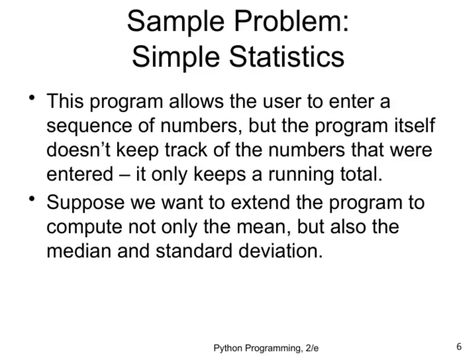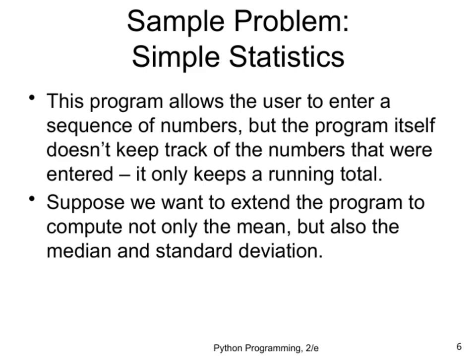Now, this program allows the user to enter a sequence of numbers, but interestingly, it doesn't keep track of each individual number entered. Instead, it only maintains a running total. This is a simple approach that works well for calculating the mean, but if we want to extend the program to compute other statistics like the median or standard deviation, we'll need to modify our strategy.